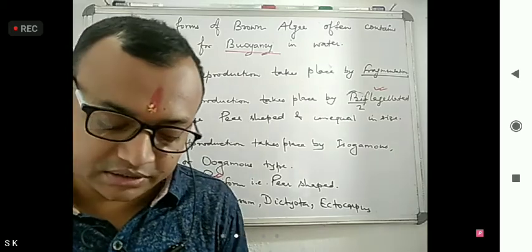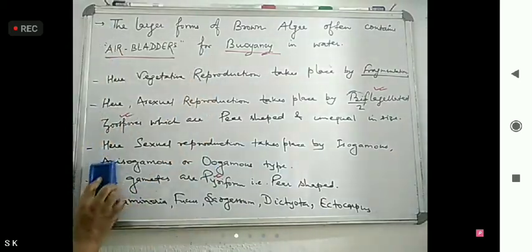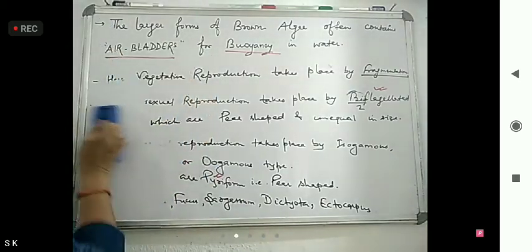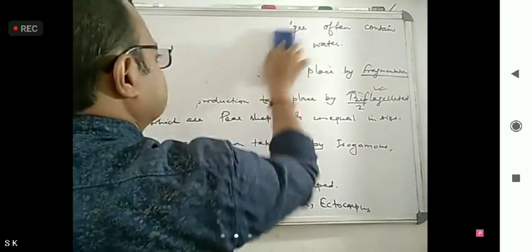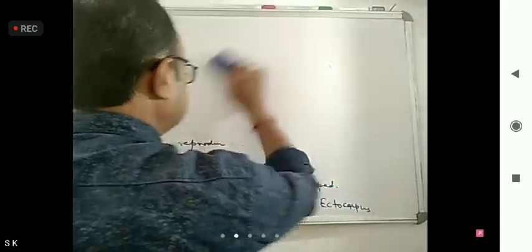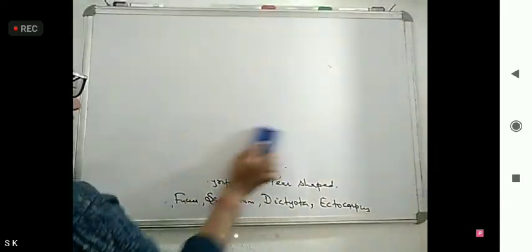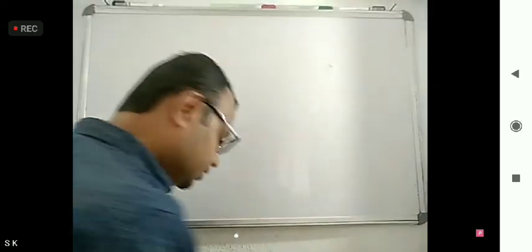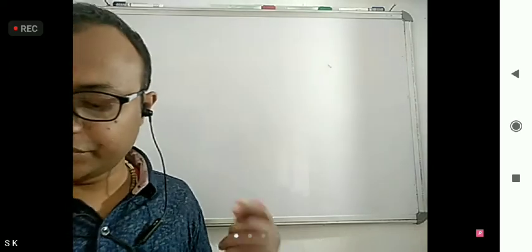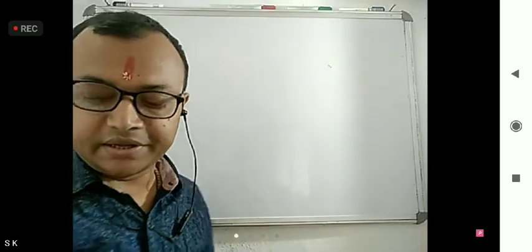So what the diagram is, we have to see. Just for example, we'll see first the brown alga Laminaria.